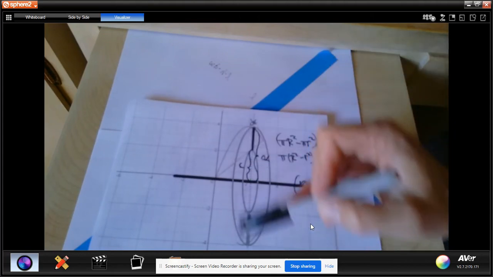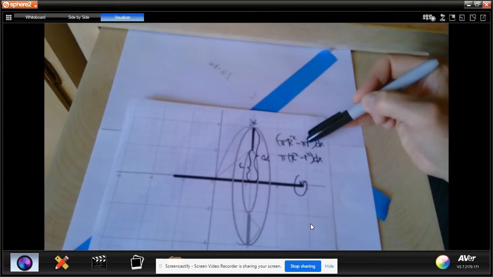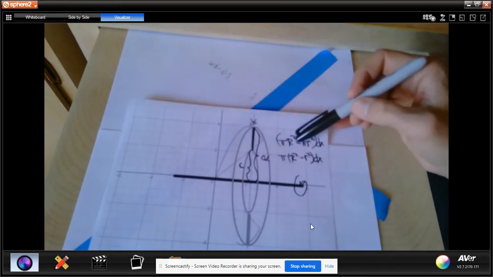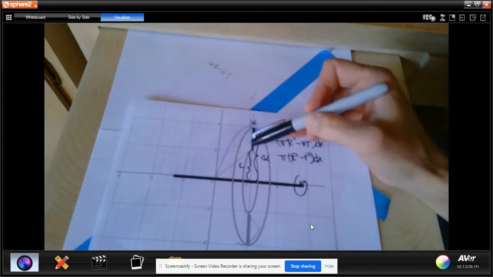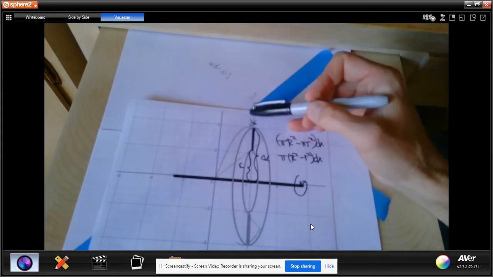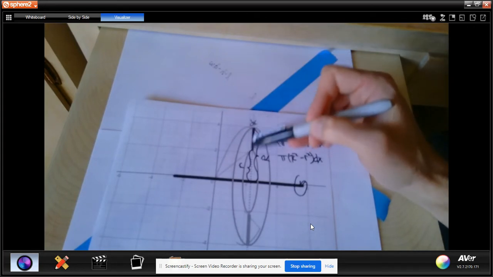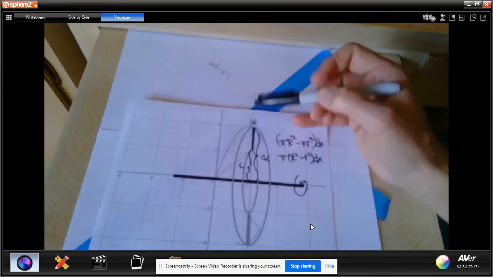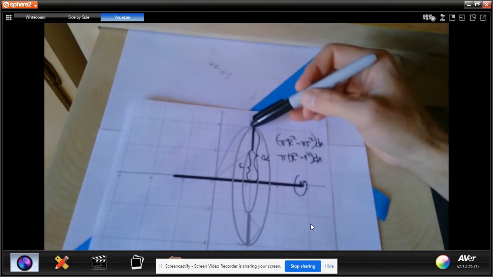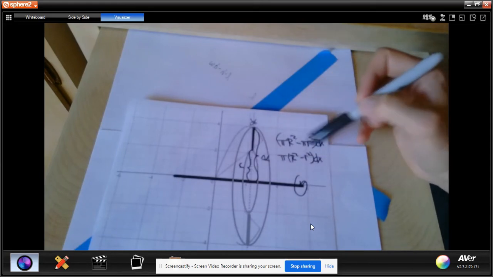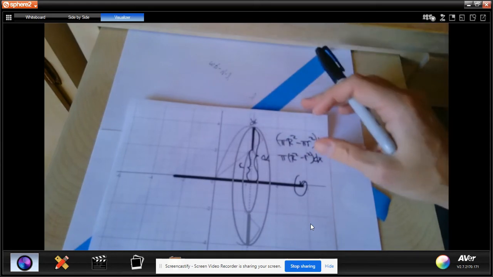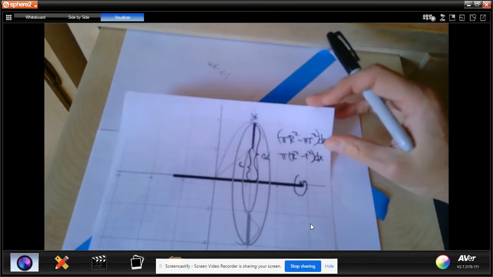That would give me a disk, but I need to subtract out the hollow piece in the middle, so minus pi times the little radius squared, times its thickness dx, which it has because of the way that I sliced this one. That combination will make a washer. We need to get these variables to agree in here, but that's for the next video.